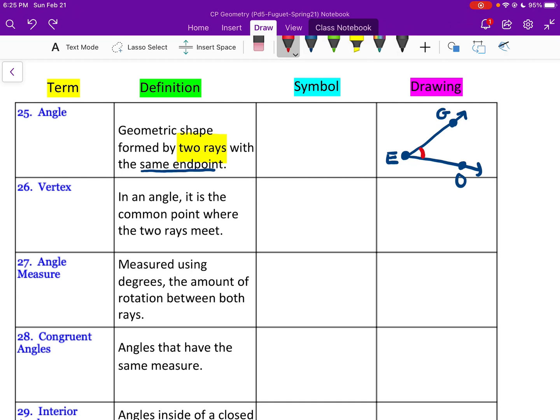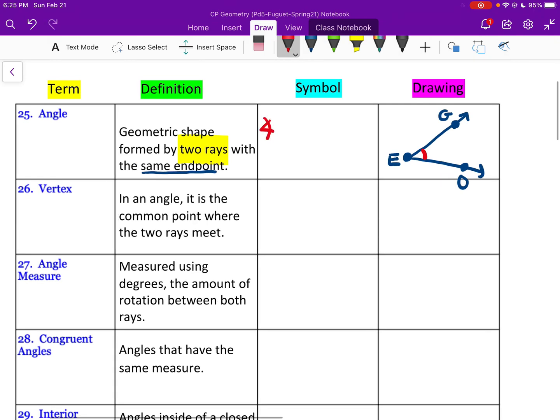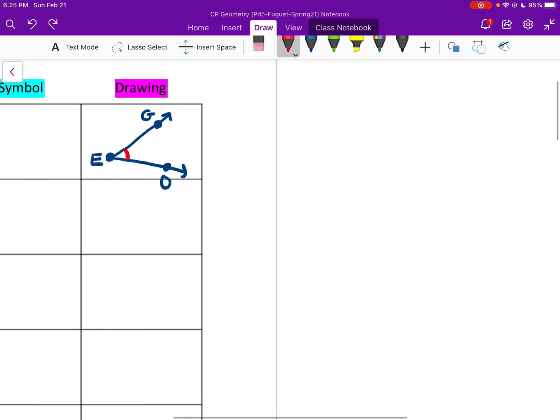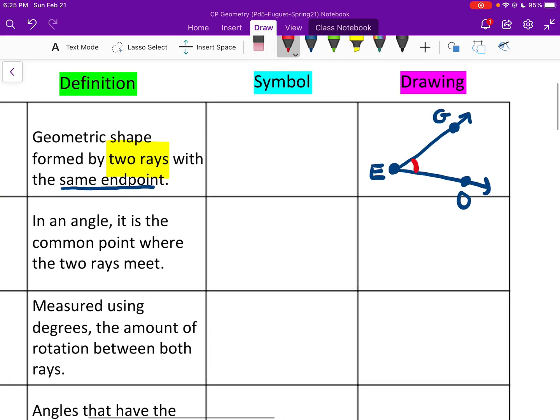And if we want to name this, there are two ways. Just like when we named a line like this, A and B, when we wrote it symbolically, we put AB and then that little symbol on the top. That told us that what we're talking about is a line. So we have something similar for angles, and it just looks like this.